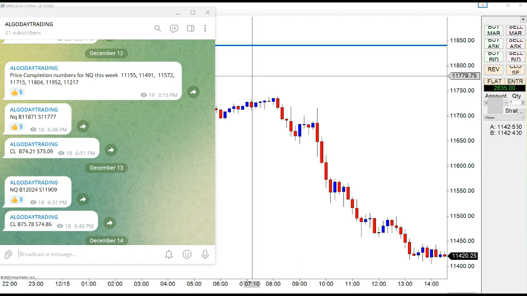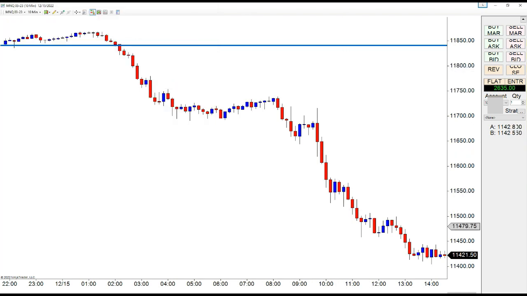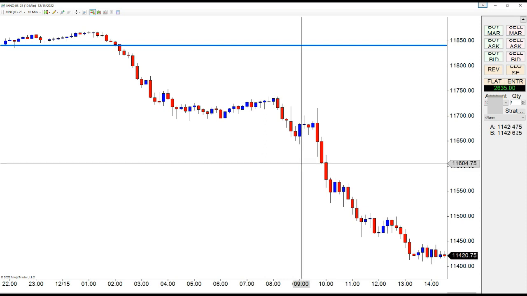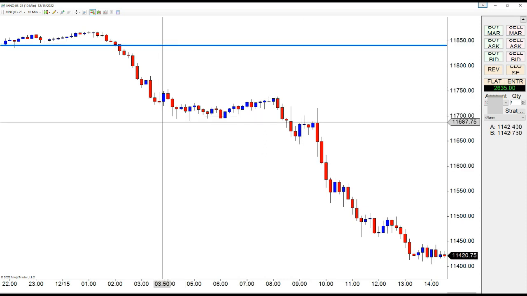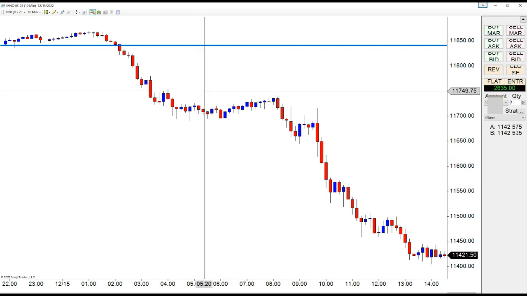And obviously, this kind of move is not every day. If you get a move like this once or twice a month, it's great. But the idea is you take profits if you're going small like micros.